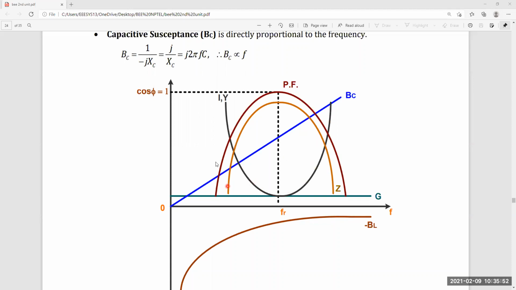And the admittance Y will be like this. This is the current. Current under resonance condition is minimum, because impedance is maximum. I is equal to V by Z, Z is maximum, so current is minimum at resonance condition.